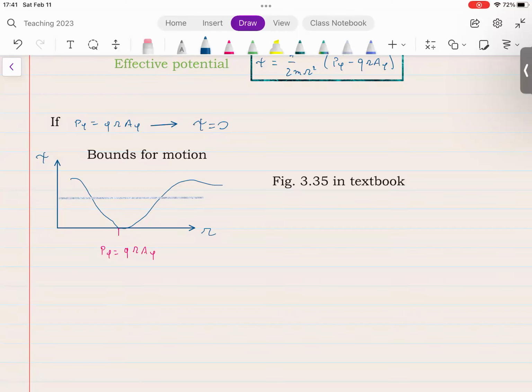Let me do here a couple of arrows to emphasize where those bounds are. One is here, and the other one is there, where psi is equal to W. I did say it, but I did not write it. So that's the energy of my particle. Okay, then. We've found that my motion is bound in the r direction.